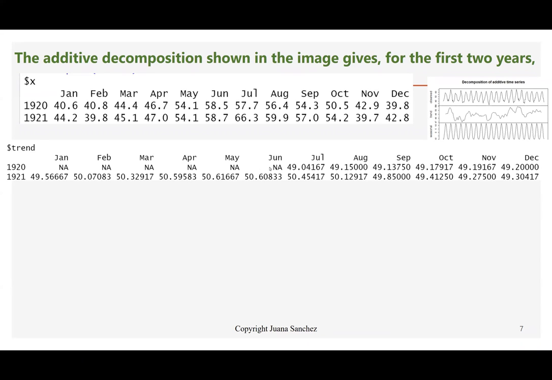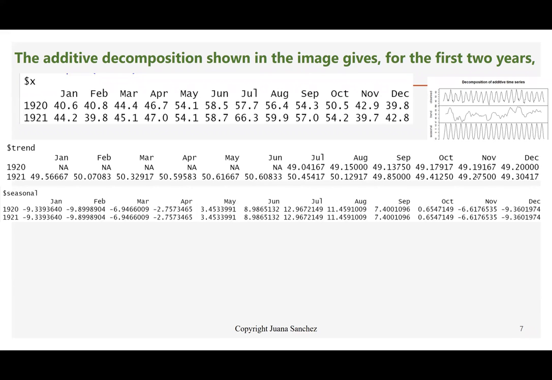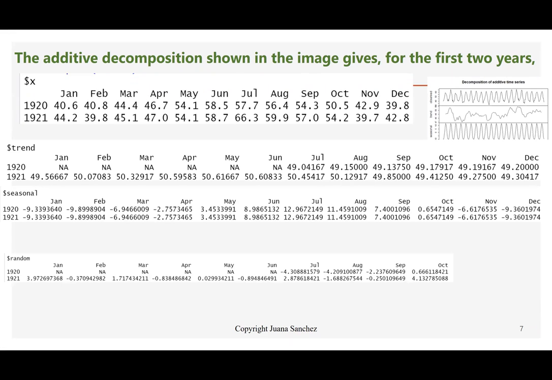We lose the first observations because it's monthly. We are using a 12-month moving average, and that means we're going to lose 6 observations at the beginning and 6 observations at the end. And here we have some of these values that are produced. The seasonal term is produced by the decompose function, and the random term.